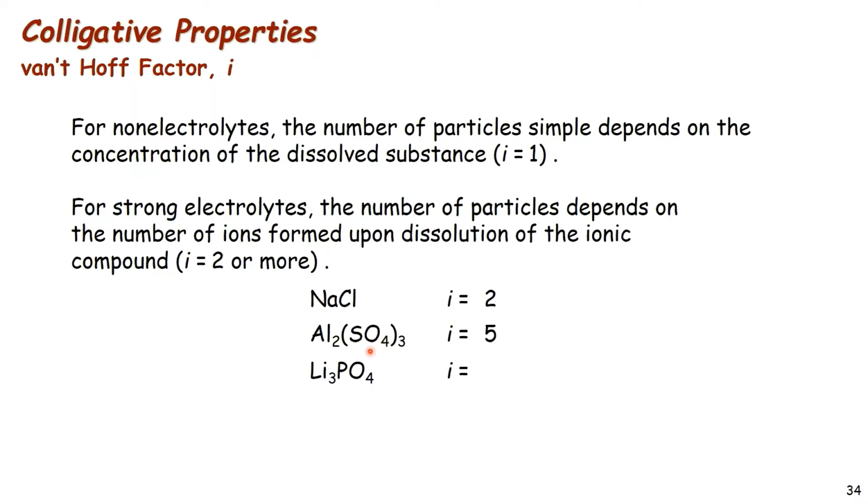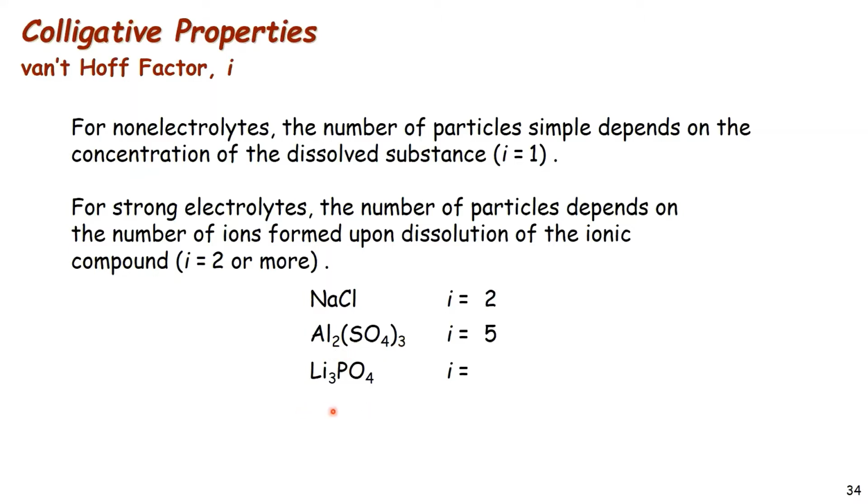But when you're dealing with the solubility rules, soluble means yes, it dissolves in water, but it also means it's a strong electrolyte. Now, the exceptions to the sulfates are silver, mercury, lead, calcium, strontium, and barium. You should know those solubility rules already. They're posted on Canvas, the tables that you must know. So that's 5 particles.